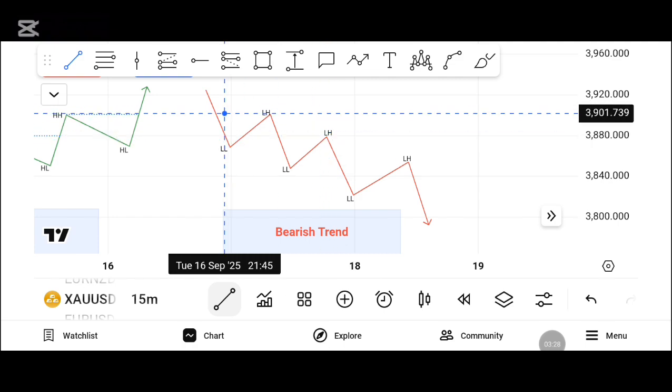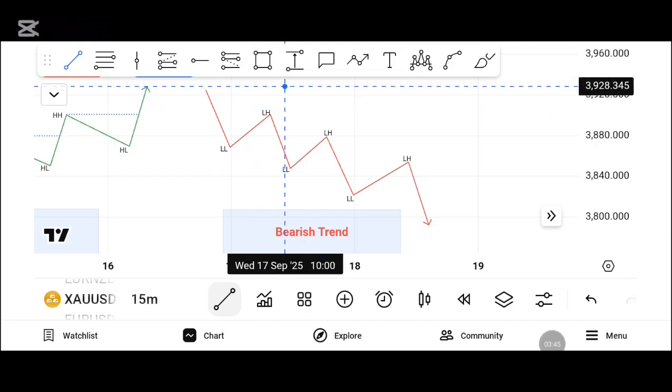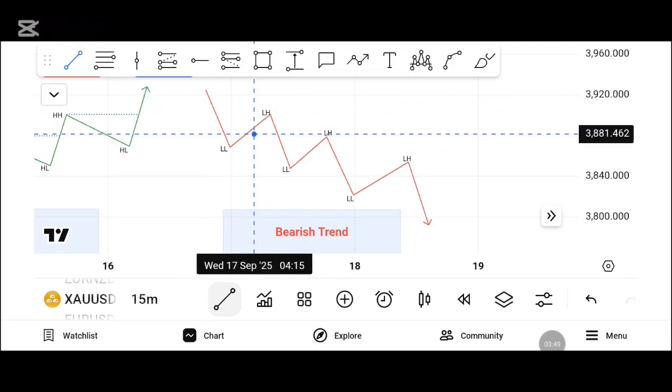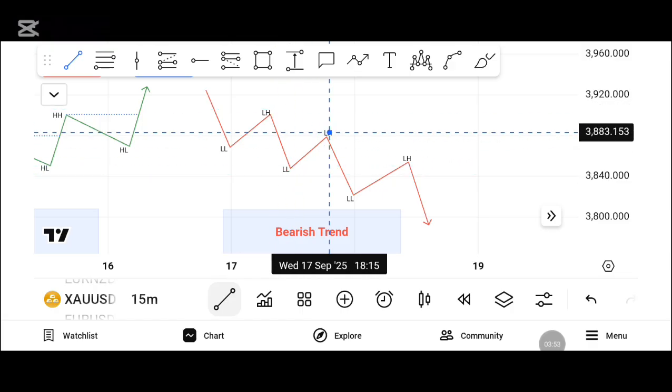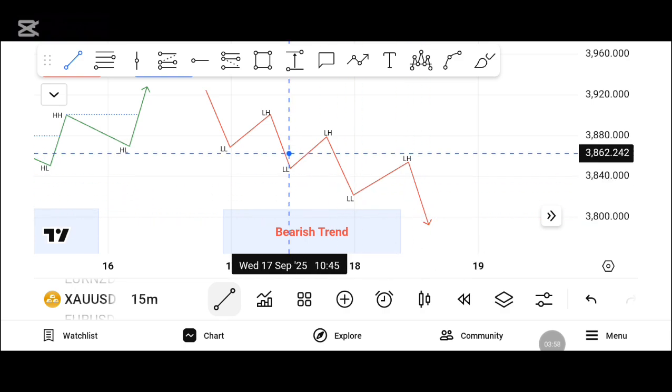Please be taking note of those words I'm using, those forex slangs. They're very, very important. This is lower low, lower high, lower low, lower high, lower low, lower high, lower low.